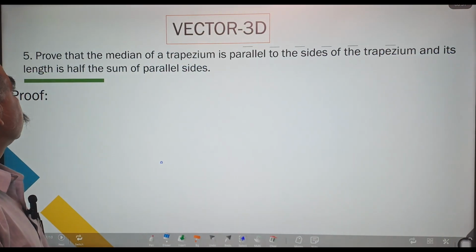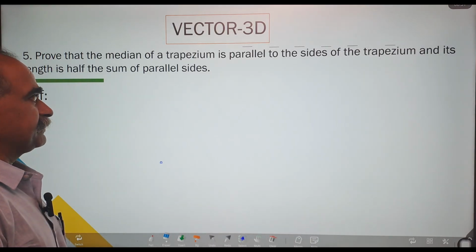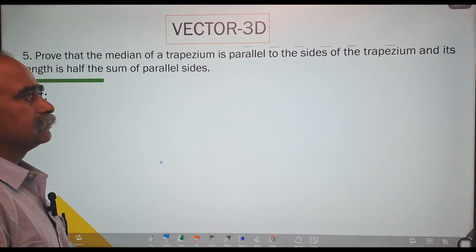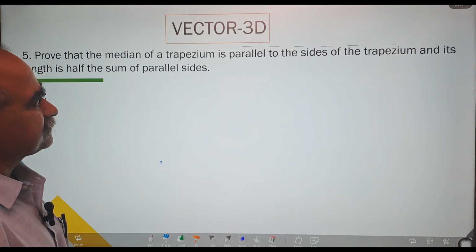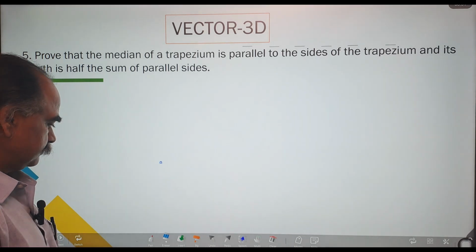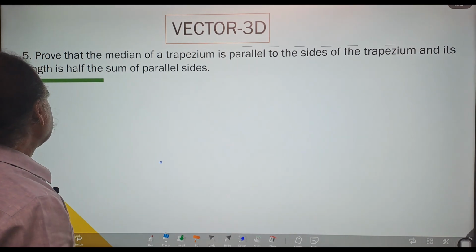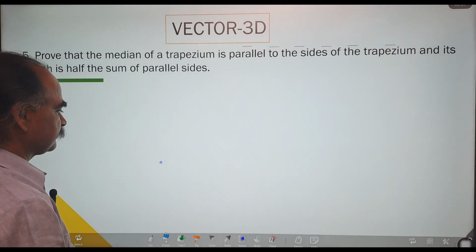Prove that the median of a trapezium is parallel to the parallel sides of the trapezium, and its length is what? Half of the sum of the parallel sides.